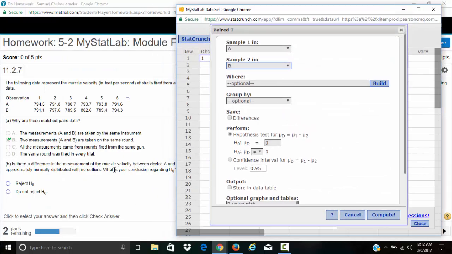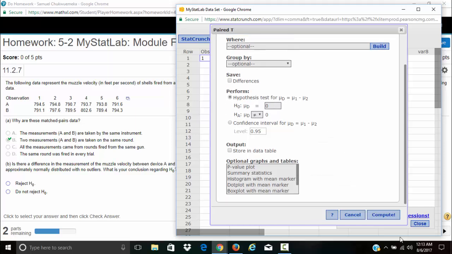In this case, they just ask us is there a difference, so we're going to leave this as not equal to, because not equal to means that there is a difference. The null is that there is no difference, mu A equal to mu B, so mu A minus mu B gives you 0, which is the mu of the difference. The alternative is that there's a difference. They didn't ask whether it is less than or greater than, so we leave it as not equal to. And we just click compute.